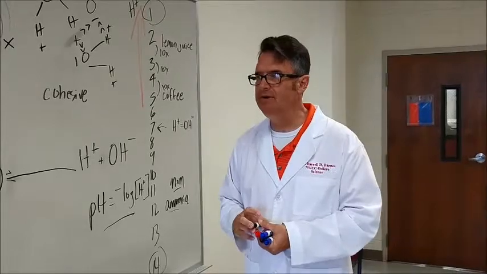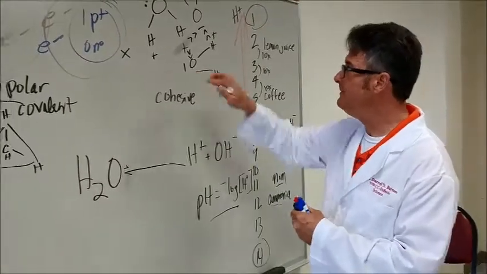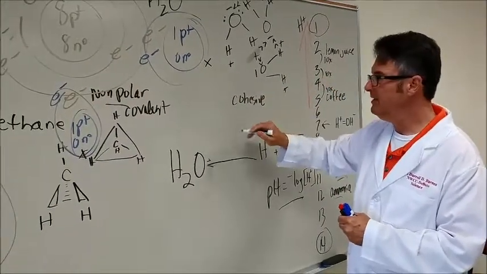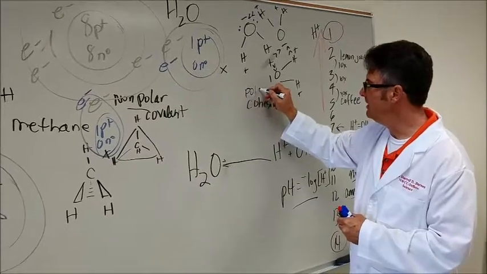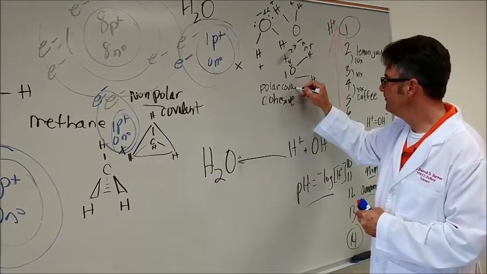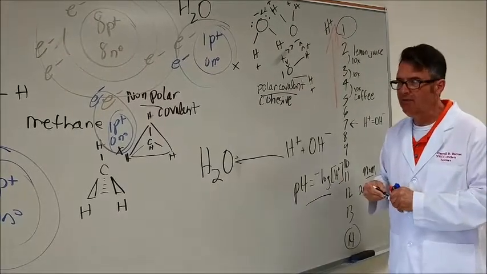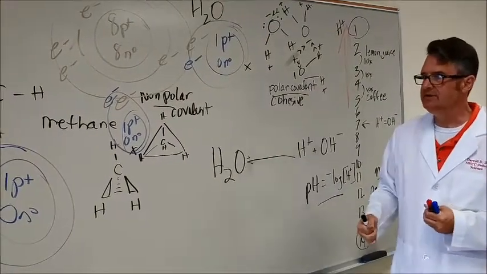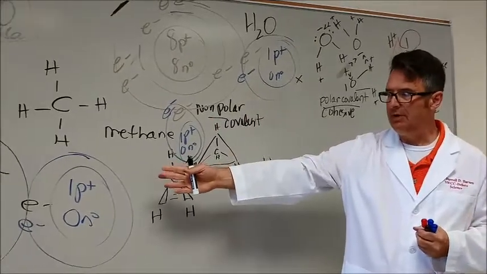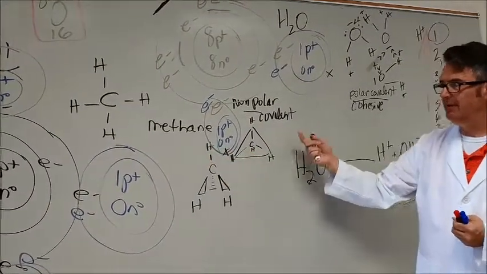One of the things that I wanted you to find, by the way, is that water is called polar covalent. What I wanted you to see in this video is that the structure of a chemical compound determines how it acts.